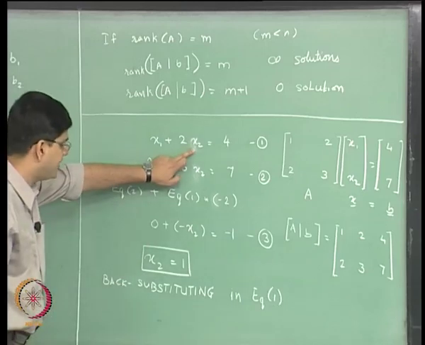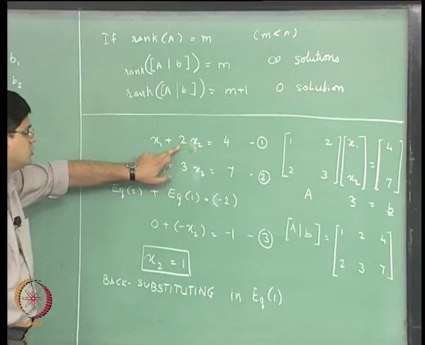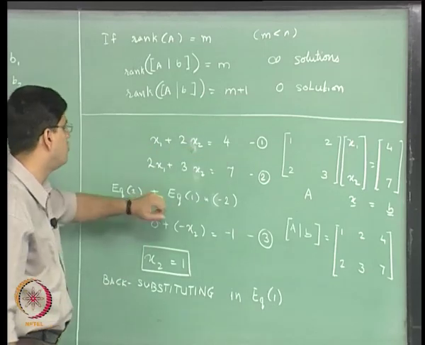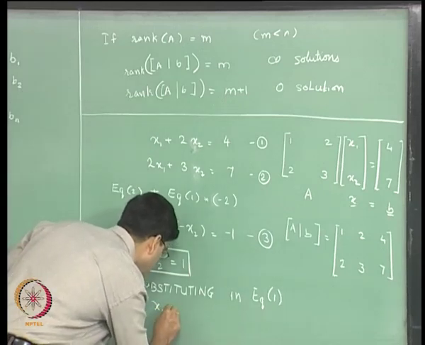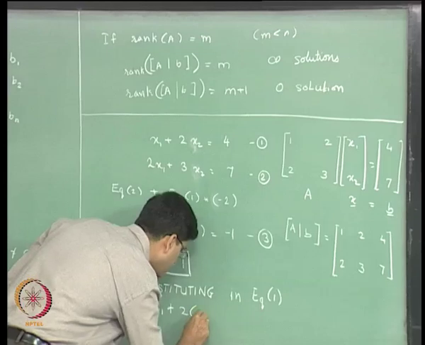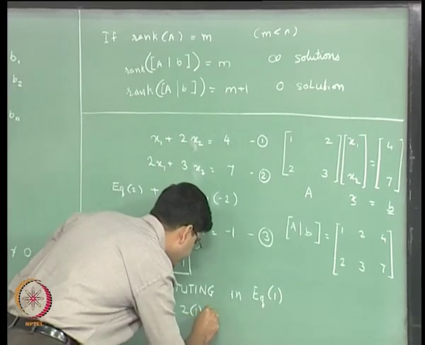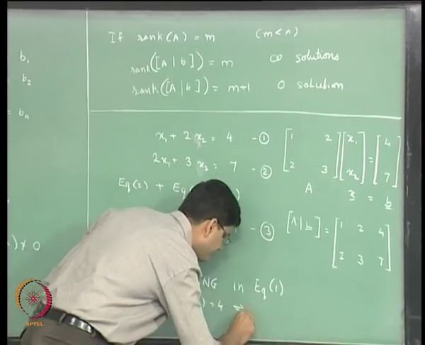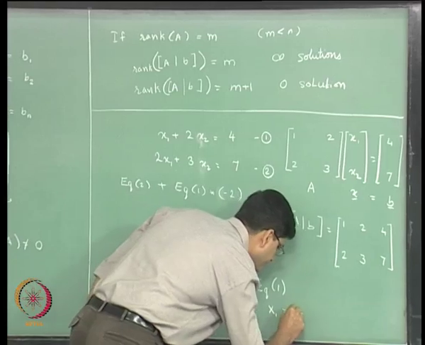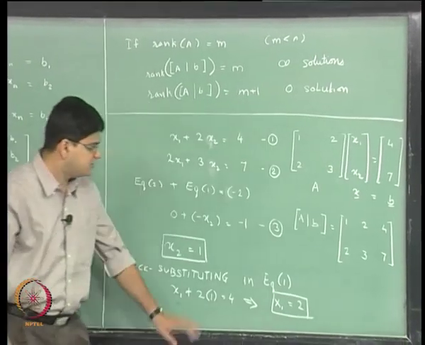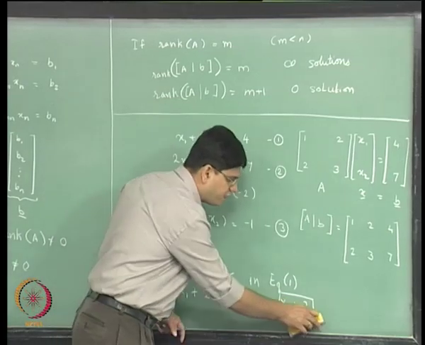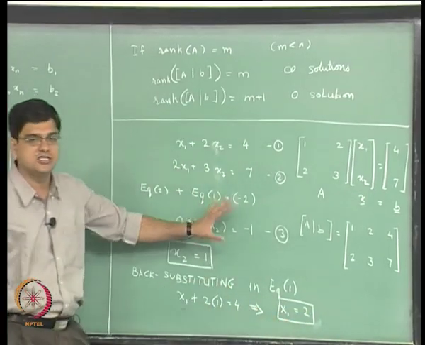So, we put x2 equal to 1 over here. So, x1 plus 2 equal to 4 and x1 equal to 2. Okay. And this is how, in a fairly straightforward manner, we have been solving these equations.